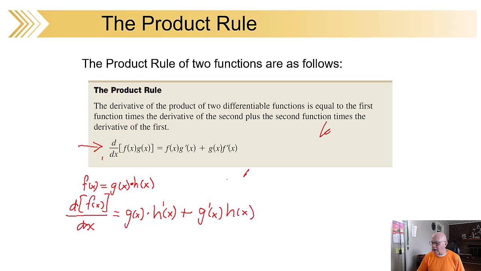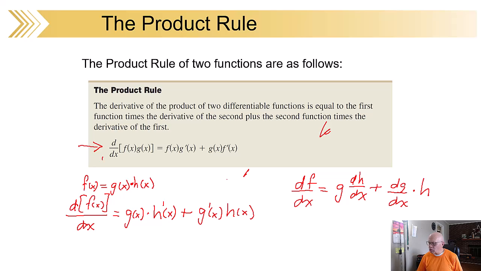You could also write this as df dx equals g times dh dx plus dg dx times h.